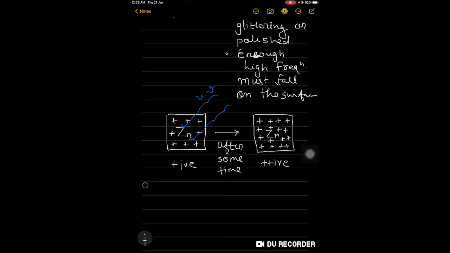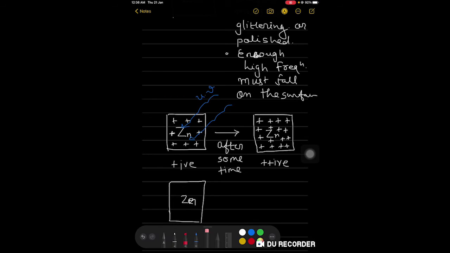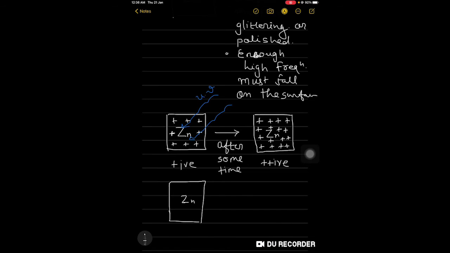Now what he did? After that, he made the zinc plate neutral. That means whatever the amount of positive charge is there, the same amount of negative charge is existing over there, and by that means it is neutral.